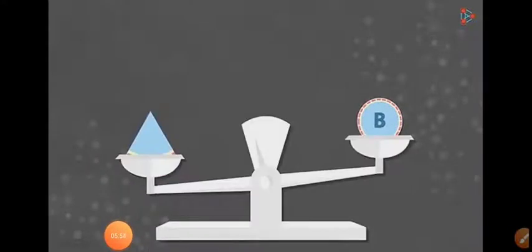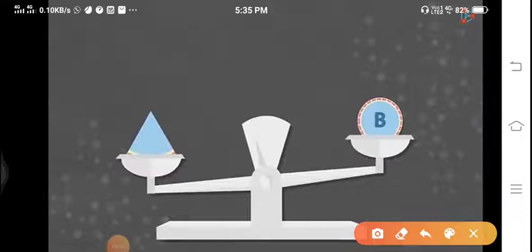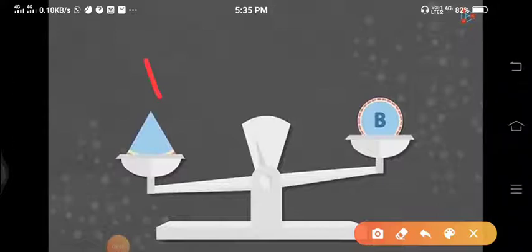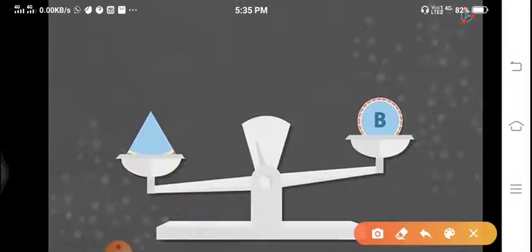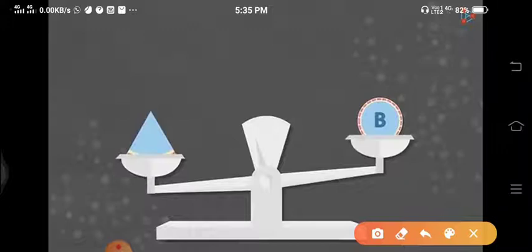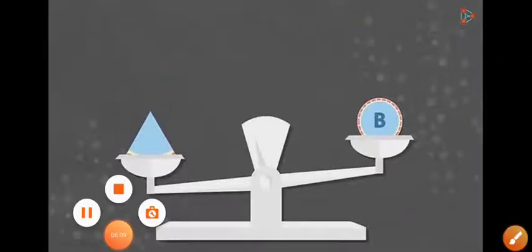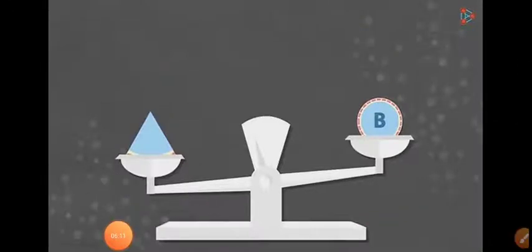Out of 6 pieces, we consider 1 piece. You can observe here that this piece of object A is still heavier than object B. Again we have to make it smaller.